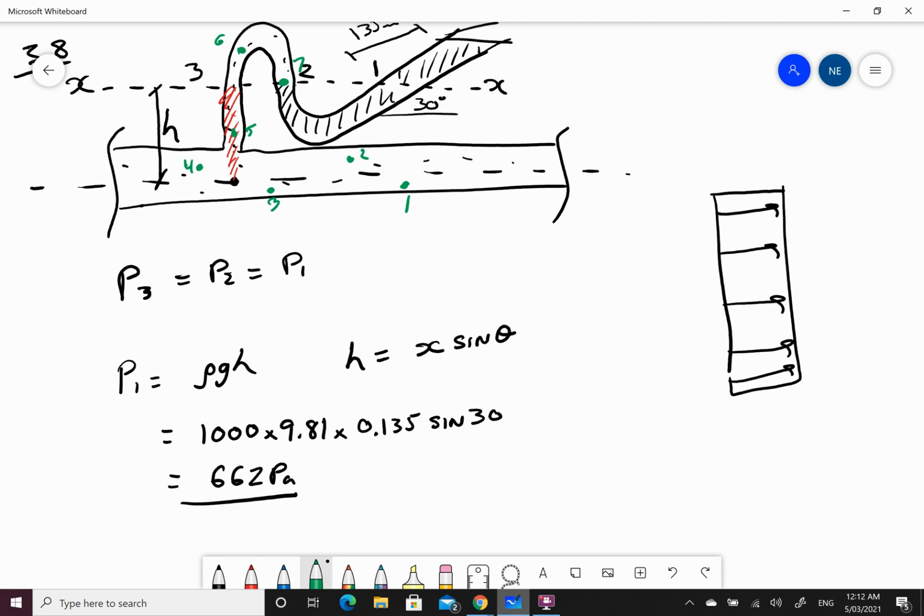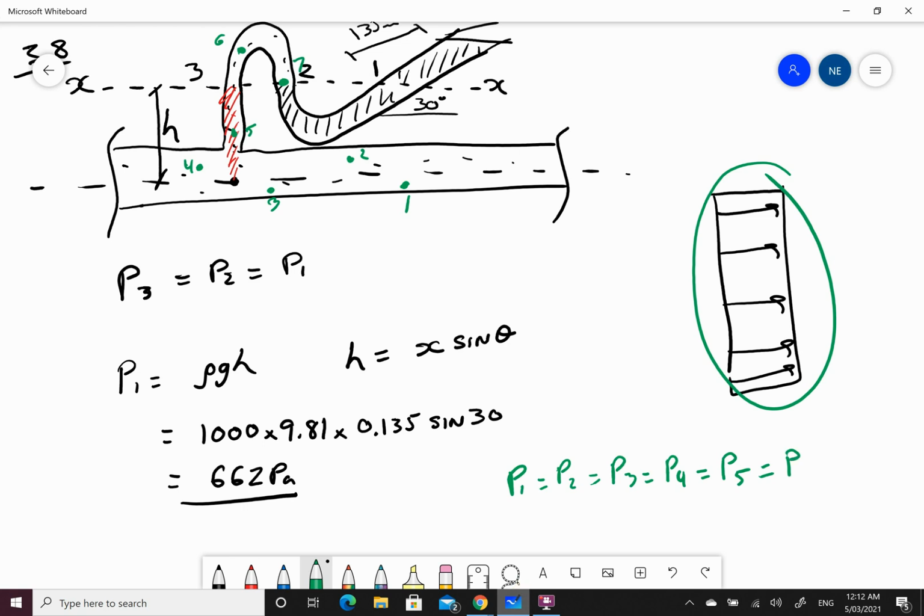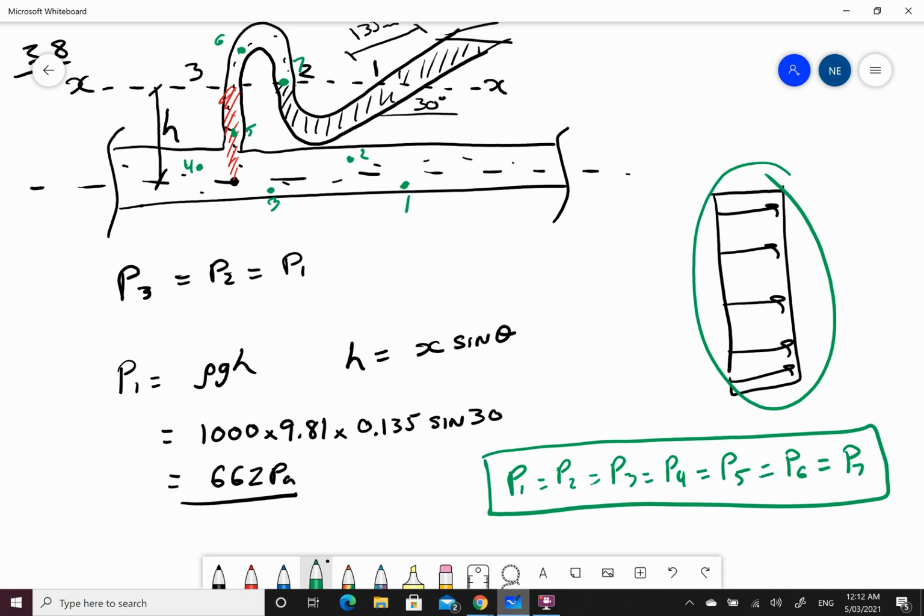For the gas being uniformly distributed like this, P1 equals P2 equals P3, P4, P5, P6, and P7. So what does that mean?